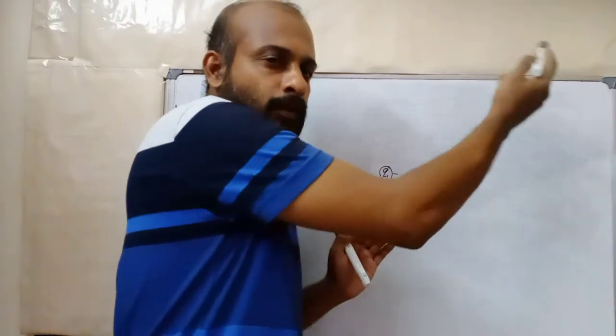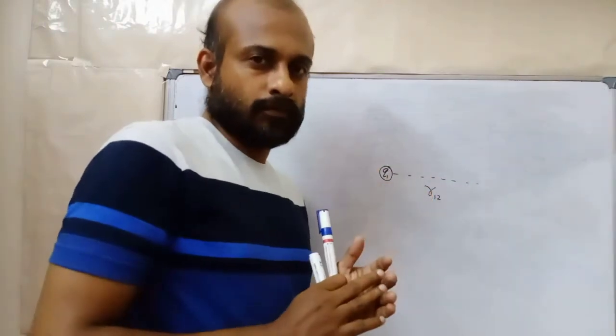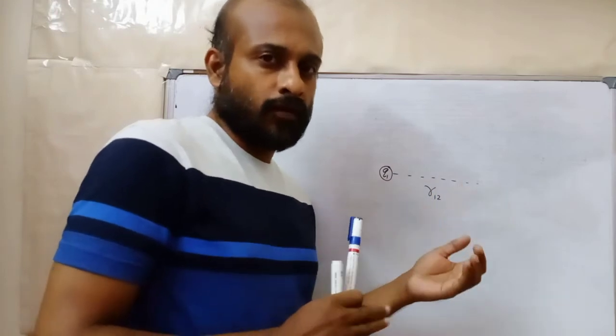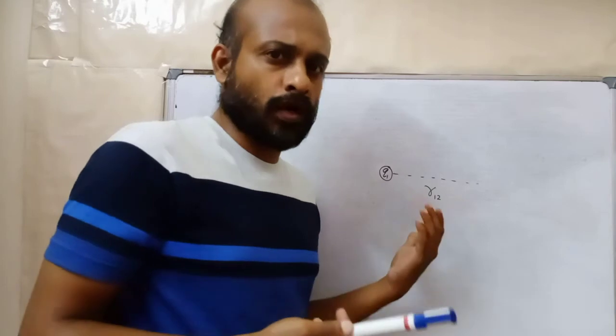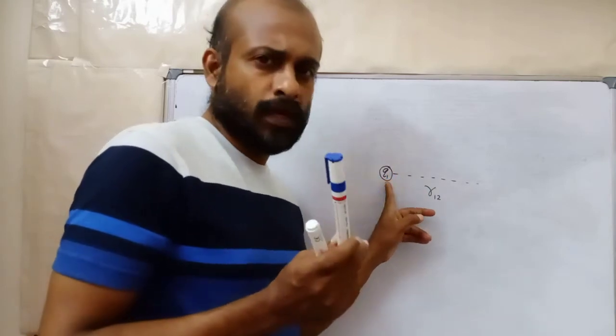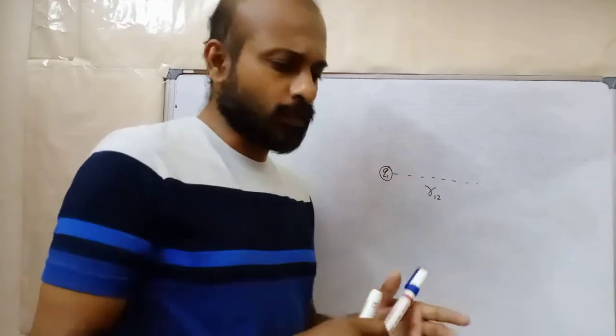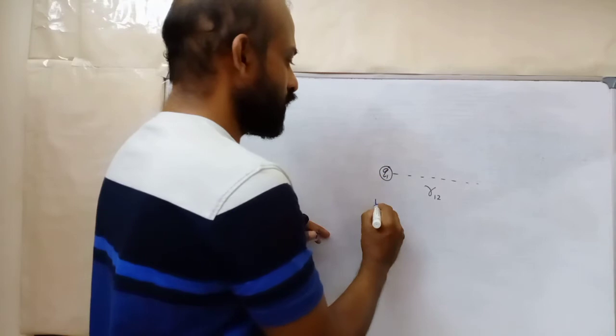So while bringing it from infinity to this point, there is no electric field here. If there is an electric field, we need to do some work. If there is no electric field, there is no repulsion or attraction, so no need to do any work. So for bringing the Q1 charge, do we need any work? No, we need not do any work. I can say the work W1 to bring the charge is equal to 0.